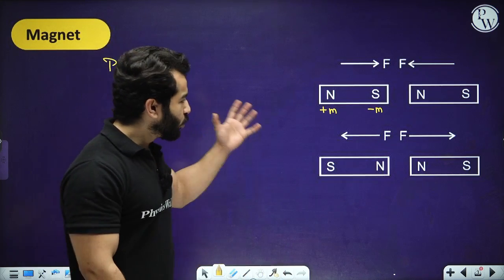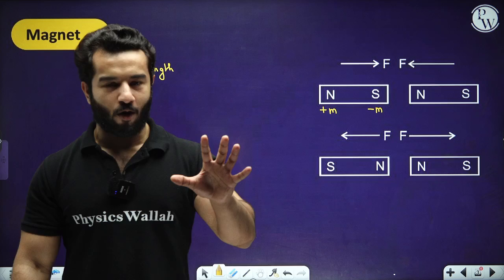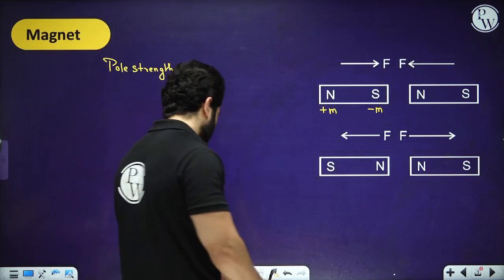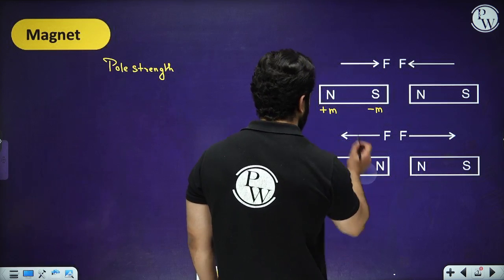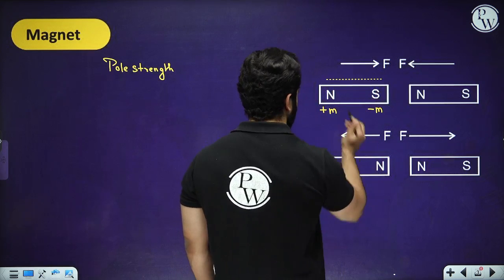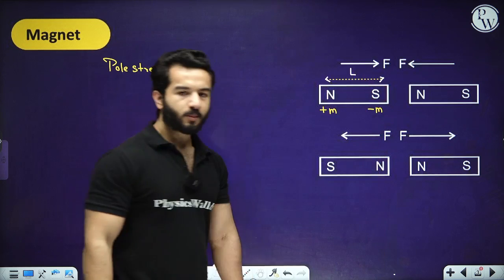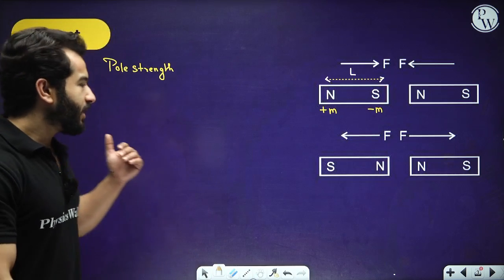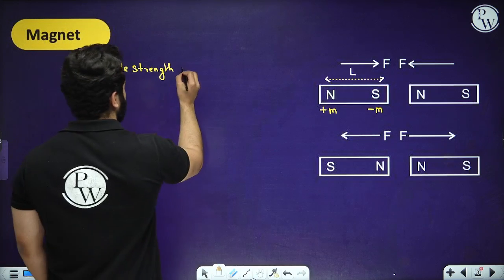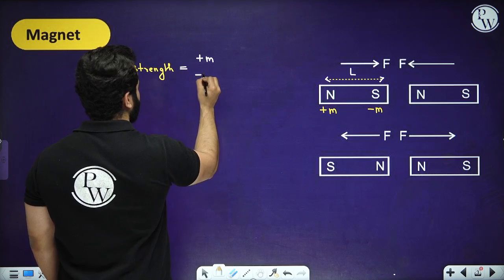So we have got two equal magnitudes of pole strength and of opposite polarity, and let's suppose the separation between these two poles is, let's say, L. Right. So after defining pole strength, it can be plus m or minus m.